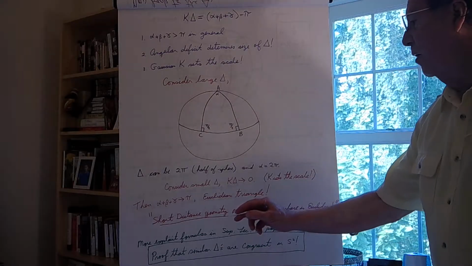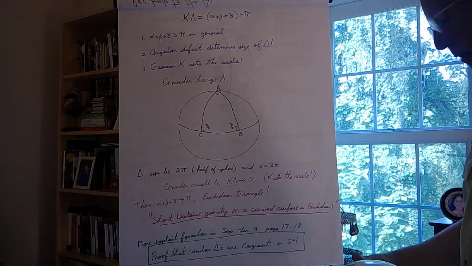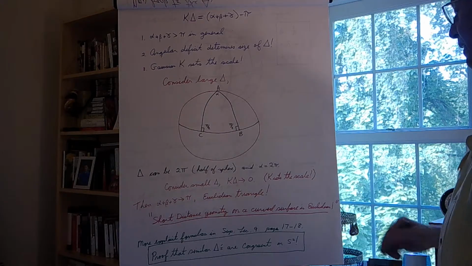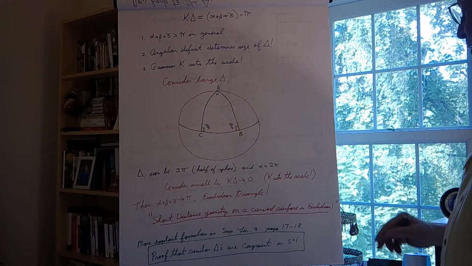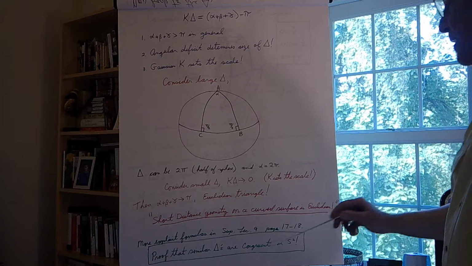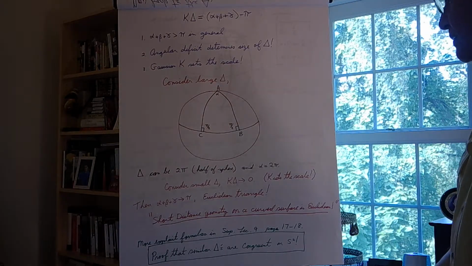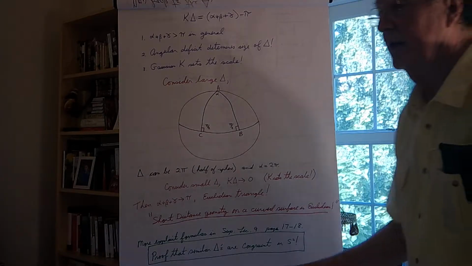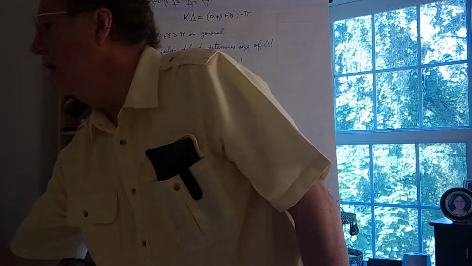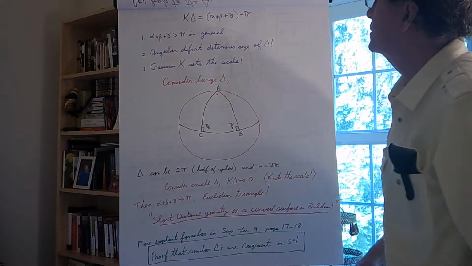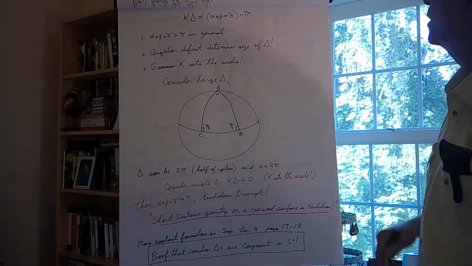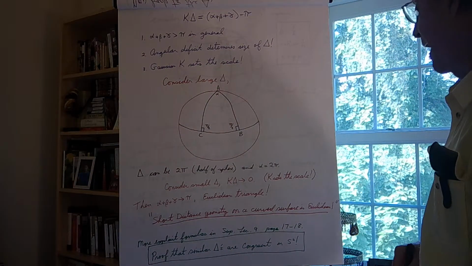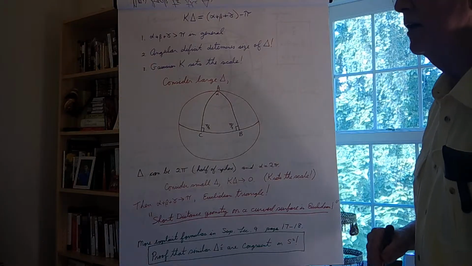Okay. And so this is an example of some further developments in the supplementary lecture 9 on pages 17 and 18, which show that similar triangles are congruent on the sphere. That is, if I'm on a sphere of unit radius, and I know the internal angles, then I know the area.